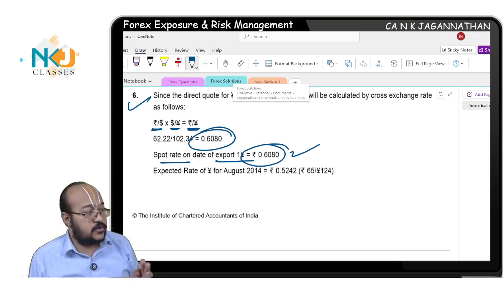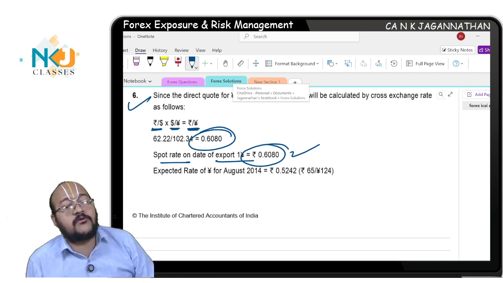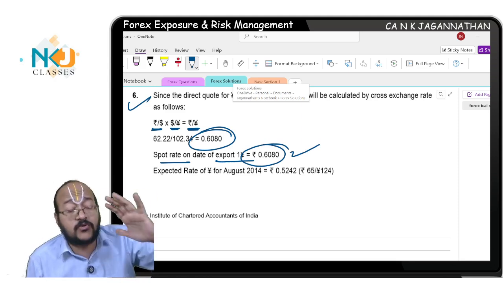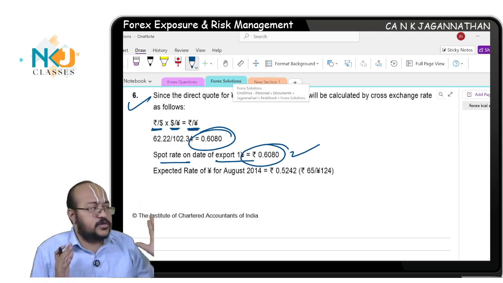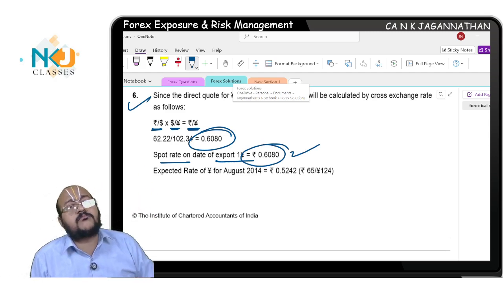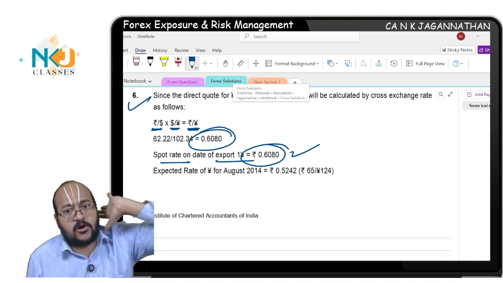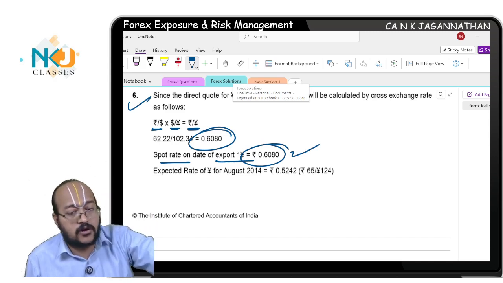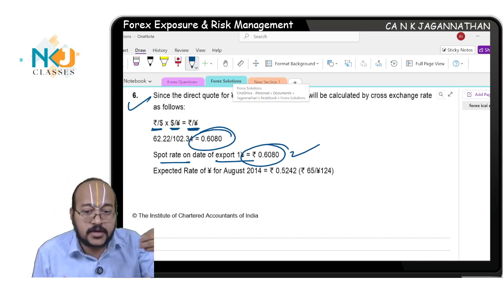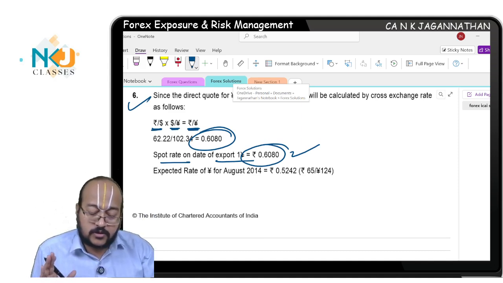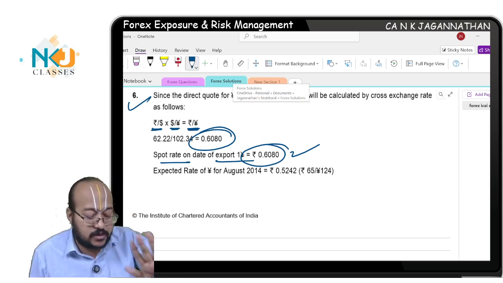For the second part, they have also given the actual spot rate on the date of maturity. You estimated today what the spot rate could be on 31st August, but really on 31st August it need not be the same. It could be something different. That also they have given. So all these 4 numbers are given.